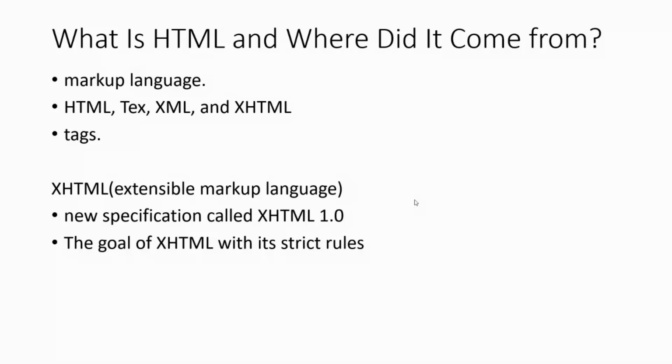But extensible hypertext markup language is an extended version of HTML. In XHTML, we follow very strict rules, so we avoid many syntactical errors, and there are more advantages compared to HTML.